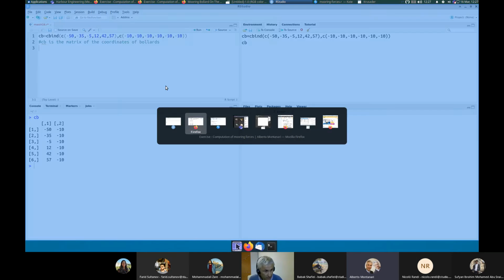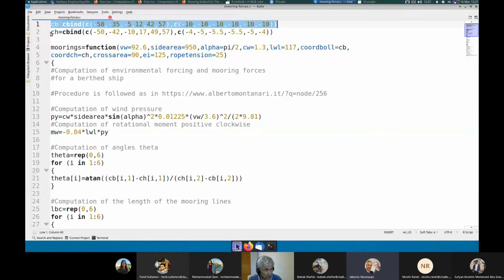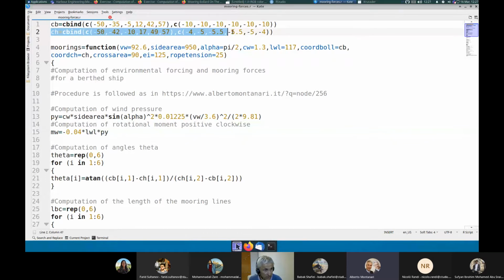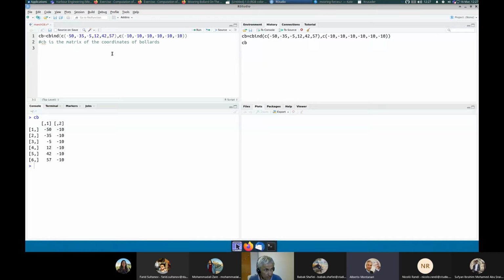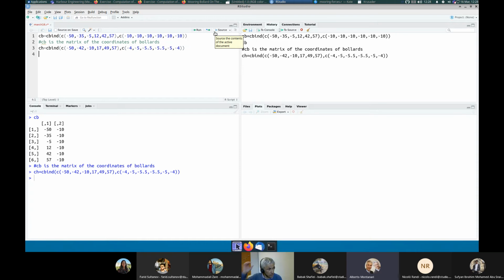Okay, let me go back to the code and let's take the second instruction, which is the coordinates of the chocks. Copy with the right and then paste here in the script, and then let me run it. Run. Good. Shall we make a comment here?